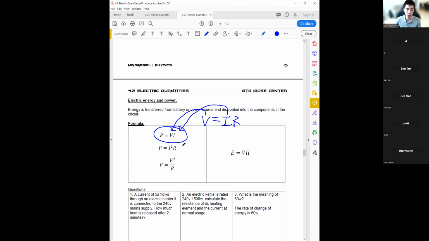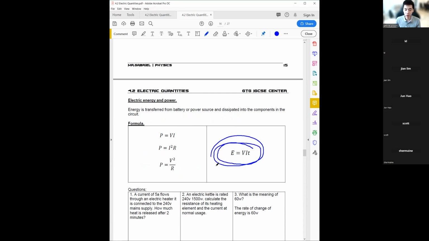And if I substitute this, you'll get P equals I squared R, and you'll get P equals V squared over R here. Depending on the situation, guys, you're expected to use different power formulas. For example, if they give you voltage and current to find power, then obviously you're using this one. If you're given current and resistance to find power, then obviously you're using this one. And of course, if you're given voltage and resistance here, then obviously you're supposed to use this one here, right?